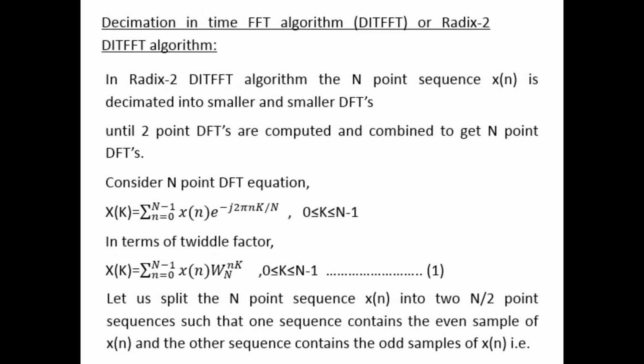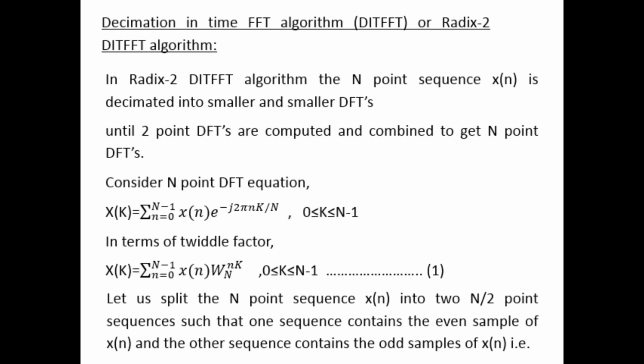So first let us study decimation in time FFT algorithm, or DIT FFT, or radix-2 DIT FFT algorithm. In a radix-2 DIT FFT algorithm, the N-point sequence x of n is decimated into smaller and smaller DFTs until 2-point DFTs are computed and combined to get the N-point DFT. Consider the N-point DFT equation.